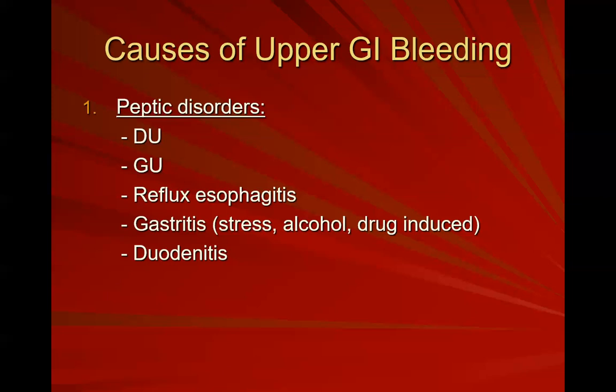Melena is dark stool. Okay, what else? Hematemesis. What's hematemesis? Vomiting of fresh blood. What else? Anemia. Iron deficiency anemia could be there in both upper and lower GI bleeding.